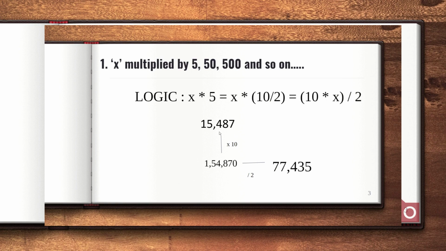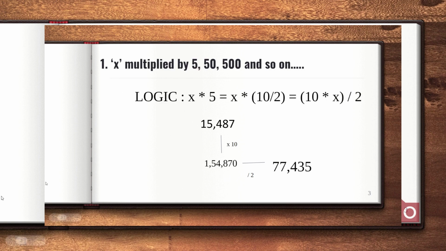Now for example, the number here is 15,487, which when multiplied with 10, we get 1,54,870 by just adding a 0 at the rightmost place. Now this number we need to divide by 2 by following the halving concept to get our answer.